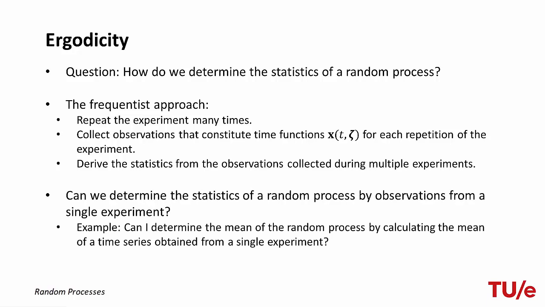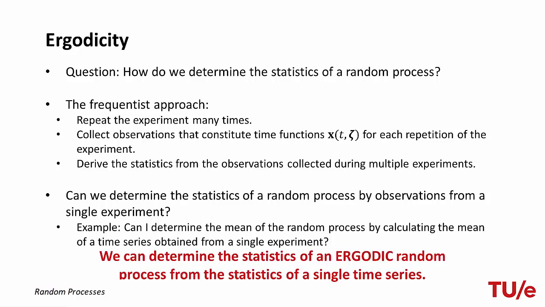Consider a sensor which gives noisy outputs. When measuring the environment, conducting multiple experiments means collecting multiple measurements for the sole purpose of estimating the noise statistics. Rather than doing that, we would prefer estimating the noise statistics from a single measurement, a single time series. But is it possible to do so?